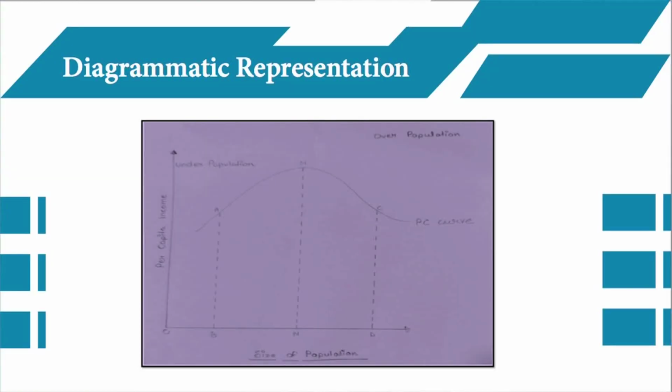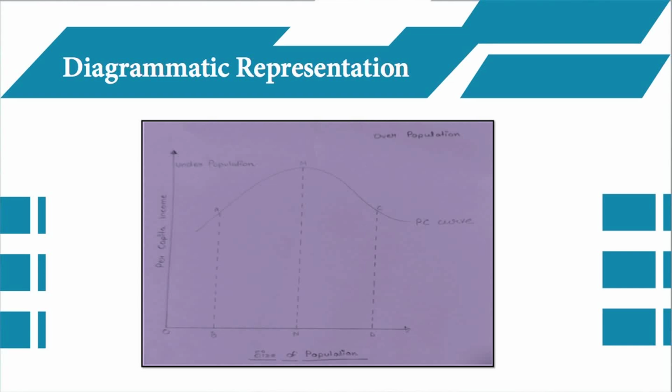Dear learners, let us now take the help of a diagram to better understand the theory of optimum population. Dear learners, please observe the figure. In the x-axis, we measure the population size, and in the y-axis, we measure the average income or income per capita of the country.